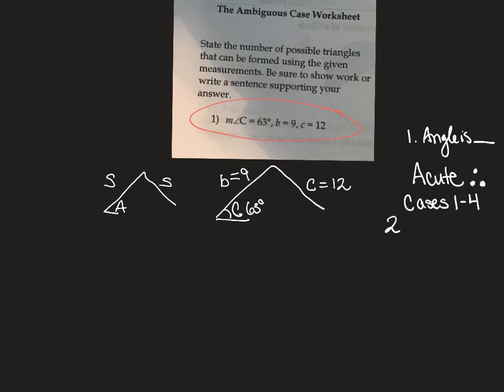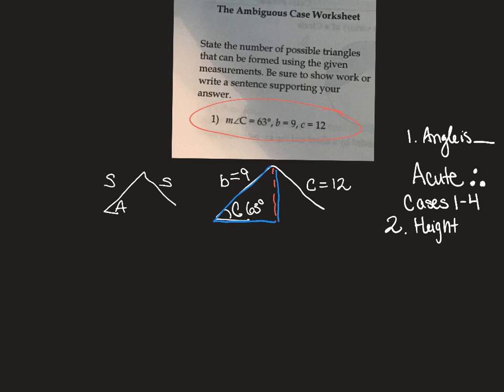The next thing we need to find once we do that is the height, because in all of cases 1 through 4, it compares my sides to the height. So let's talk about how to find the height for a second. I'm going to draw the height in right here. If I want to find the height right there, I have this right triangle that I'm outlining in blue.